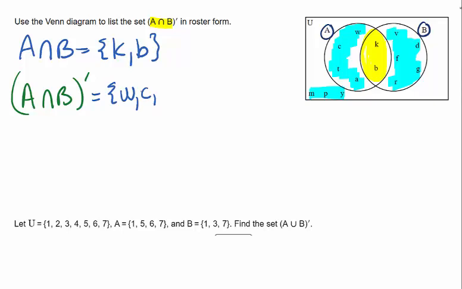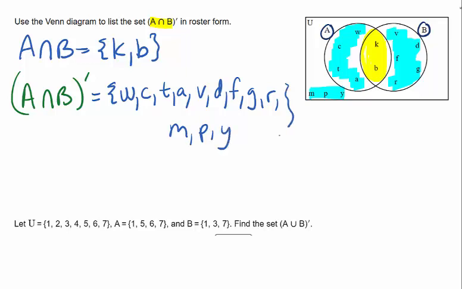I'm starting with what's left over in A, which was W, C, T, and A. Then what's left over in B, which is V, D, F, G, R. And lastly, what's left over in the universal set that wasn't in anything else. Doesn't matter the order, but everything has to be there. It's very easy to miss something when you're listing it out, so double check that you listed everything.